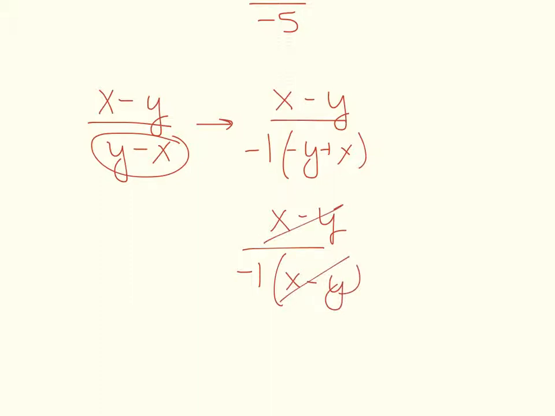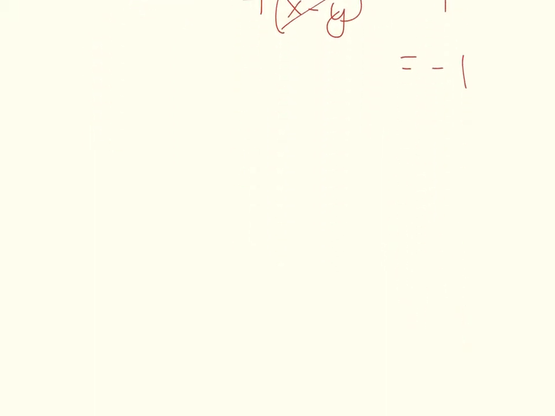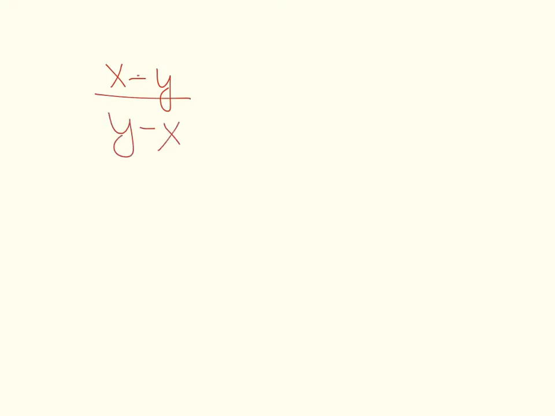So now we have like terms, and that's going to cancel, leaving us with 1 divided by negative 1, which is negative 1. The shorthand way of knowing this is that whenever you have x minus y over y minus x, that's plain and simple going to be equal to negative 1 always.